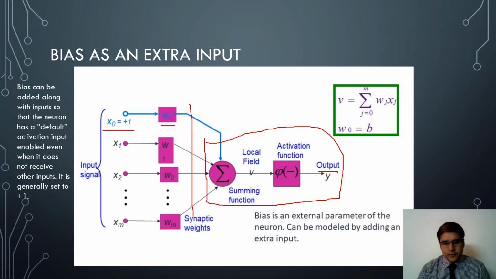So bias is an external parameter of the neuron and can be modeled by adding an extra input, and this right here is the formula for the weight function.